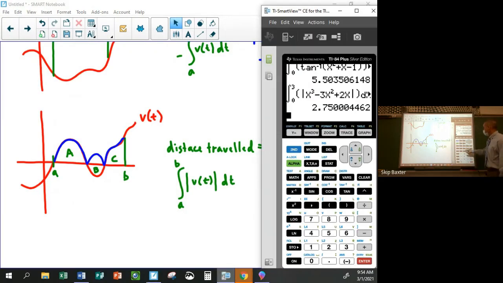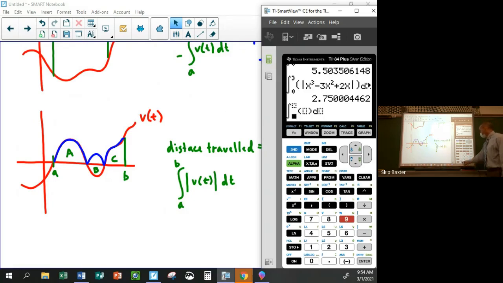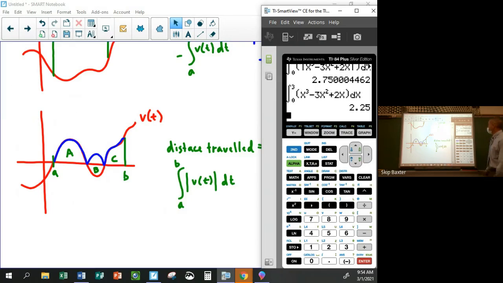Like if I take Math 9, the integral from 0 to 3 of x cubed minus 3x squared plus 2x. And by the way, if this was a multiple choice question, the most common wrong answer would be this answer right here. It's 2.25.